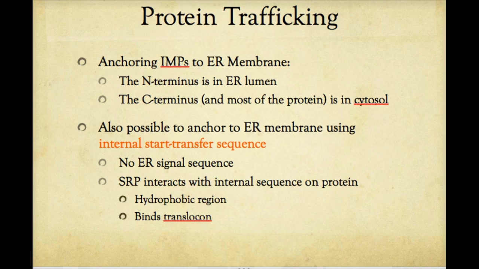It's located farther up inside the sequence of amino acids. What's going to happen is the SRP is still going to recognize it, and it's going to take it and allow it to bind to the translocon. But it's going to bind very differently because, again, we're not at the N-terminus here. We're at some internal part.